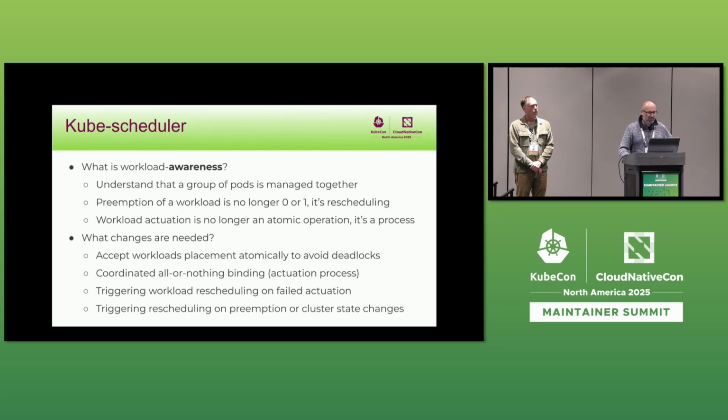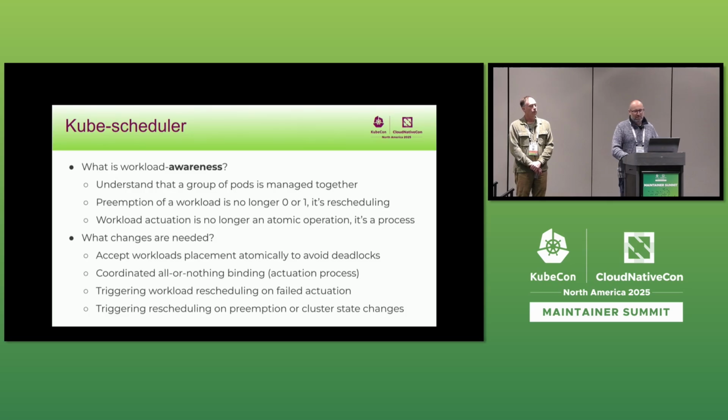So what changes do we need? We need to extend kube-scheduler to accept workload placement proposals, either generated by the kube-scheduler itself or coming from the external schedulers. It has to do it atomically to avoid deadlocks. It needs to coordinate binding in all-or-nothing fashion.